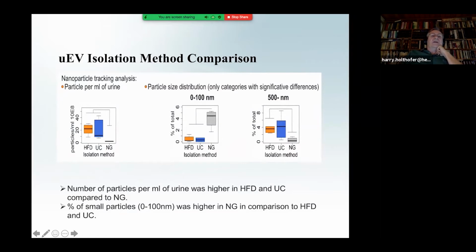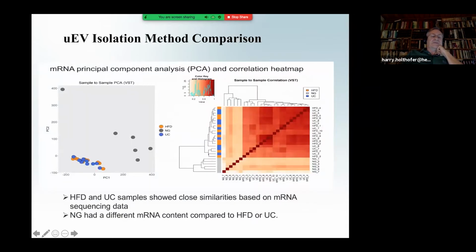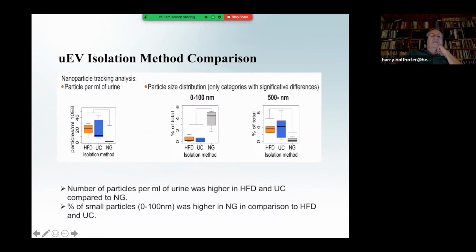So here is the NTA analysis. You can see that HFD and ultracentrifugation work pretty much similarly, and they were able to isolate a good amount of vesicles as compared to the kit-based method.